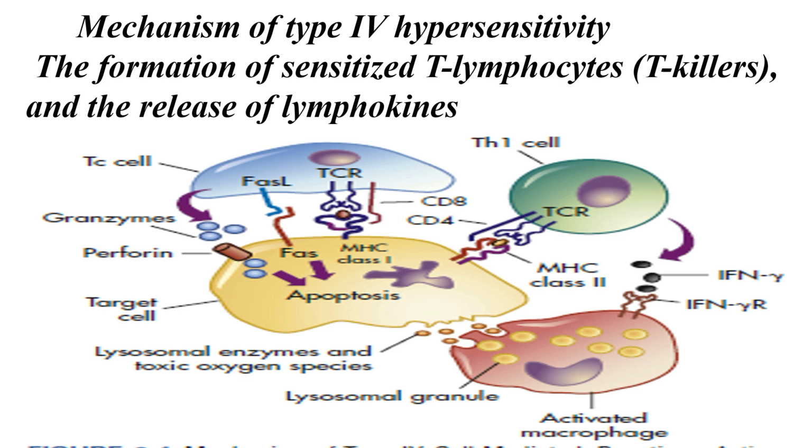The T helper 1 cell produces lymphokines, especially interferon gamma, that activate the macrophage through a specific receptor, for example the interferon gamma receptor. The macrophage can attack the target and release enzymes and reactive oxygen species that are responsible for most of the tissue destruction.